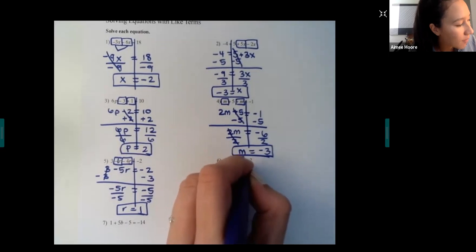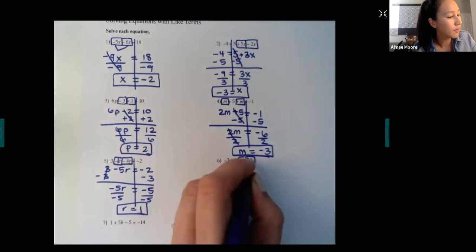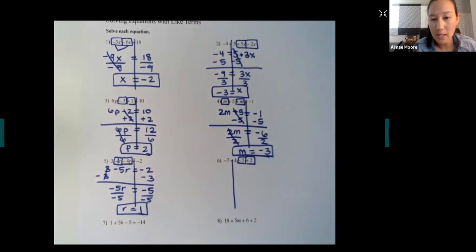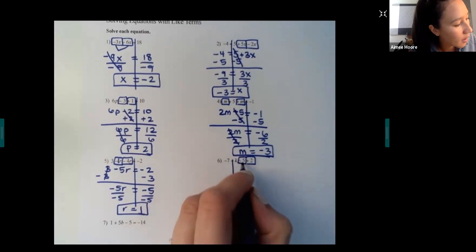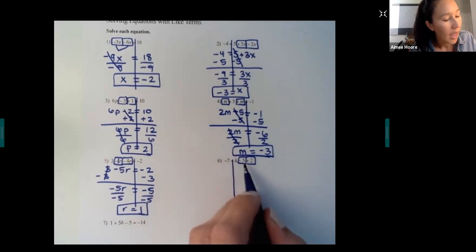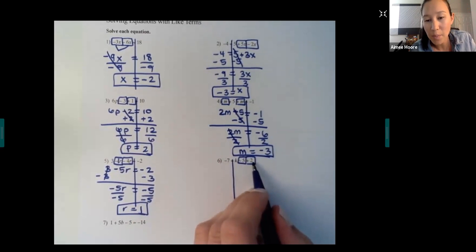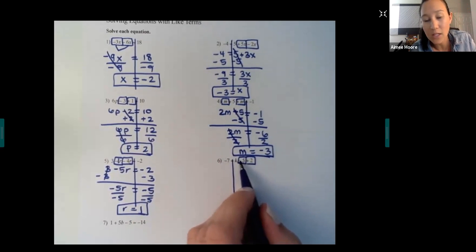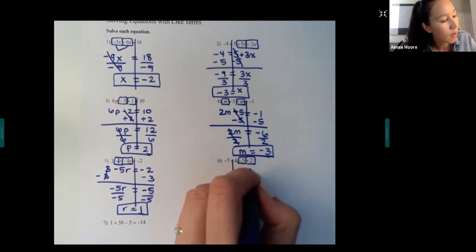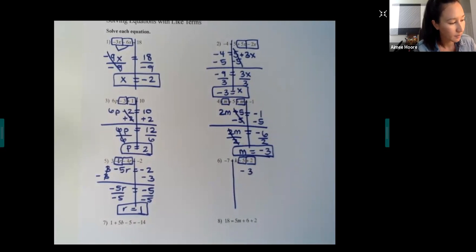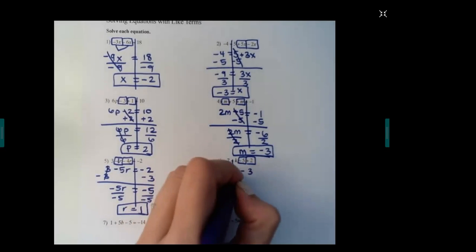So the -5 and +2 are like terms. So what's -5 and +2? What do those combine to? If this one's a negative and this one's a positive, it's the difference, right? So it's going to be -3. Okay. And then bring down the k.